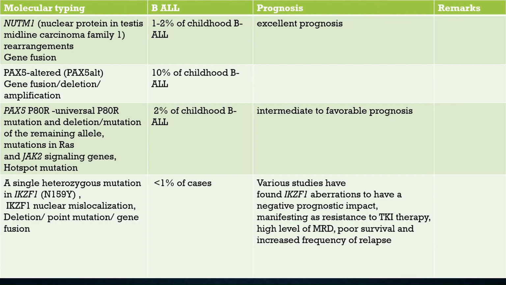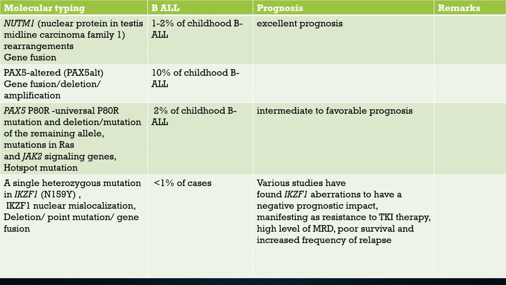NUTM1, which is nuclear protein in testis midline carcinoma family 1. The abnormality is rearrangement or gene fusion. It is seen in 1 to 2% of childhood BALL. It has an excellent prognosis. PAX5 altered. Abnormality is gene fusion, deletion or amplification.